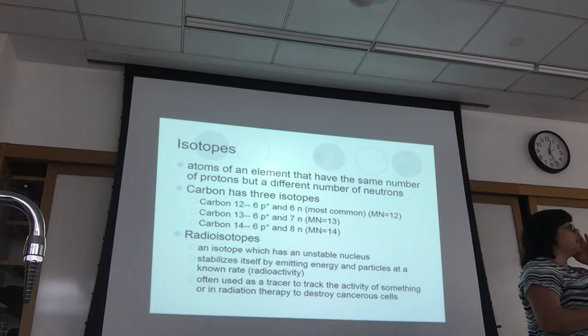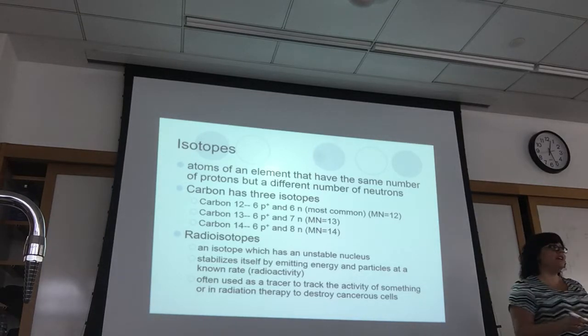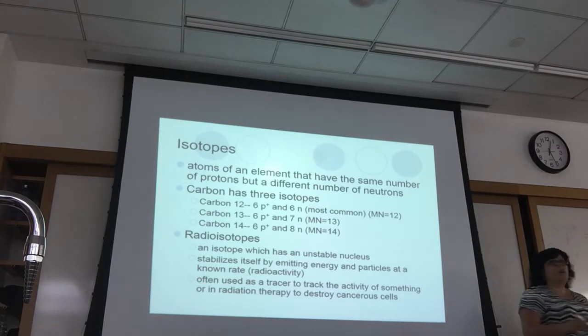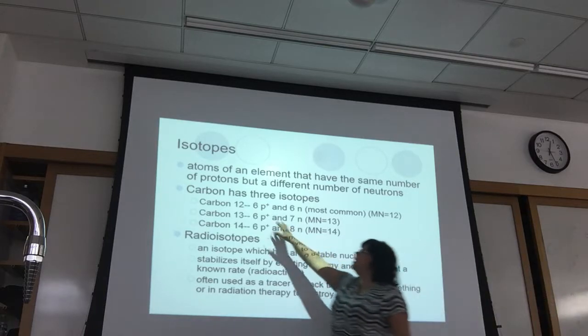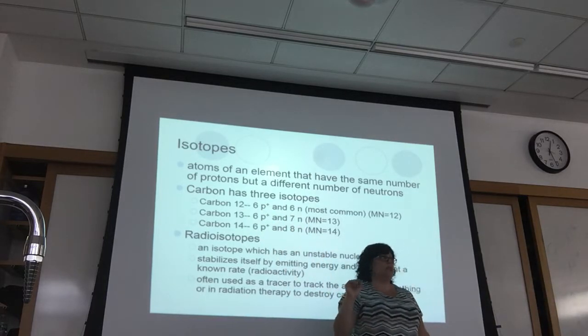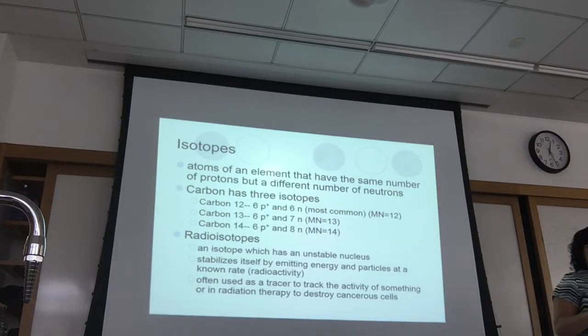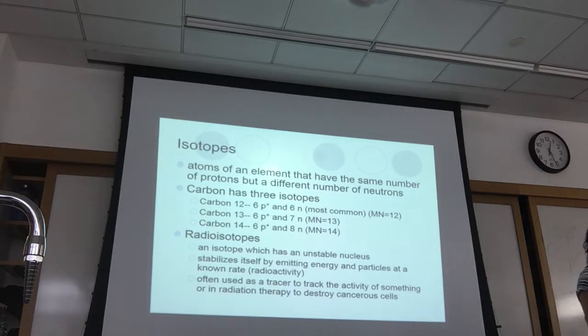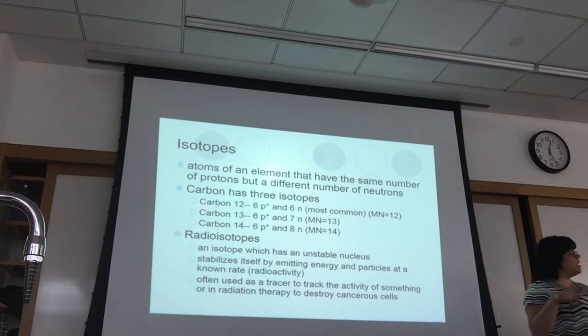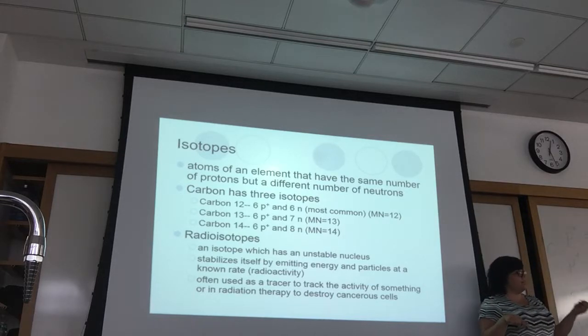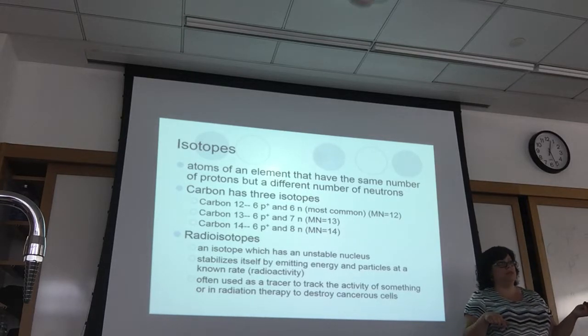If I was to take carbon, which we've already talked about, that has 6 protons and 6 neutrons, and I change the number of neutrons to 7, what's going to happen? If I change the number of neutrons, go ahead. Okay. The mass number is going to change, right?